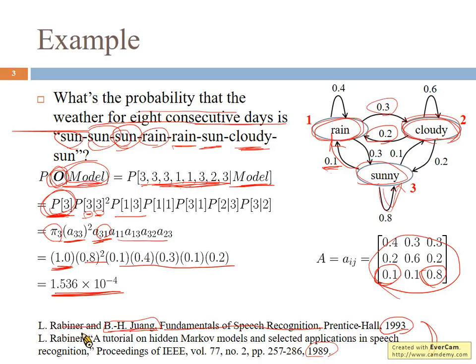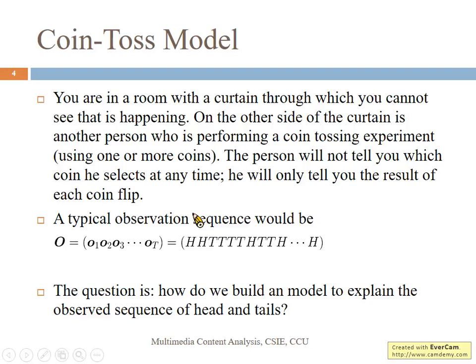And you may remember these two important researchers of the hidden Markov model. Now let's go to the hidden version of the Markov model. Assume that you are in a room with a curtain through which you cannot see what is happening.